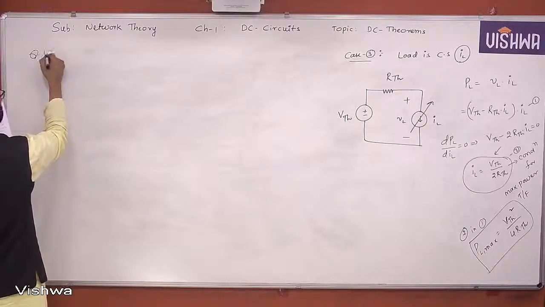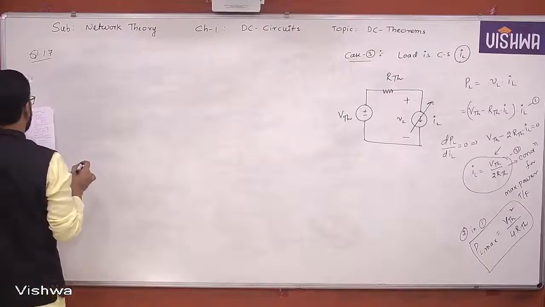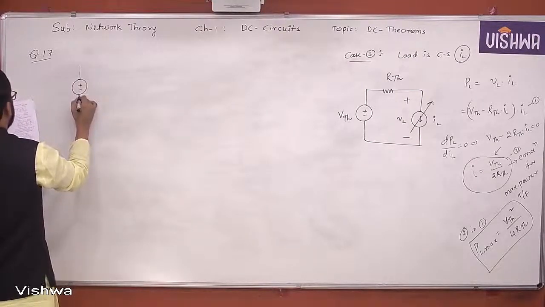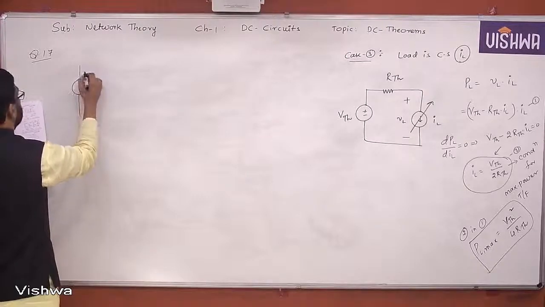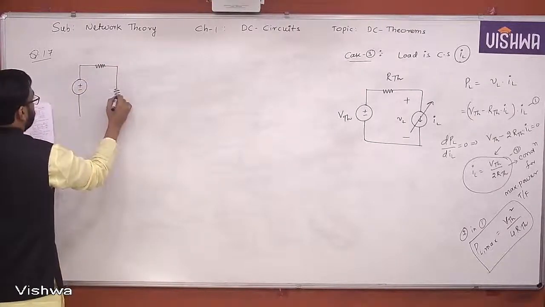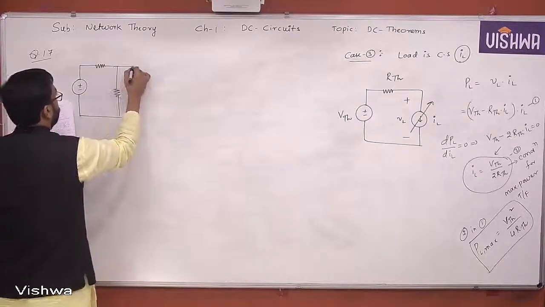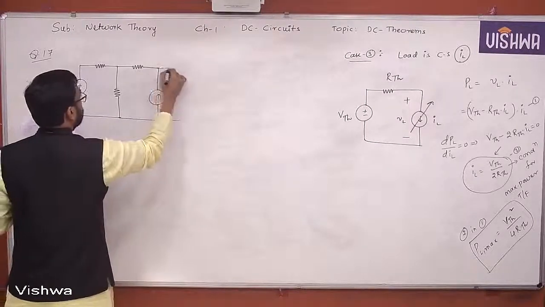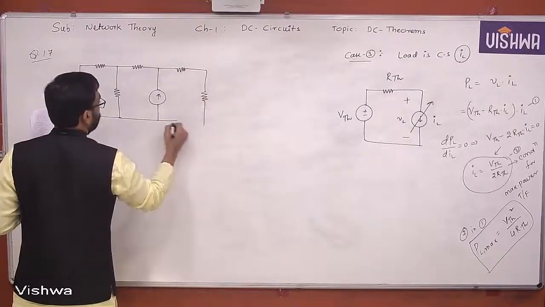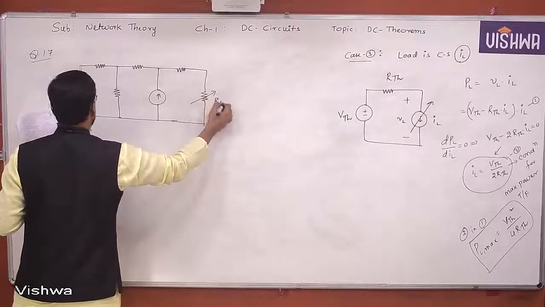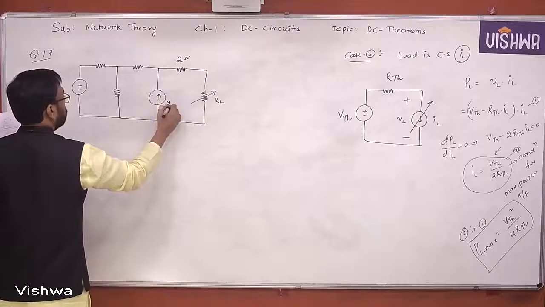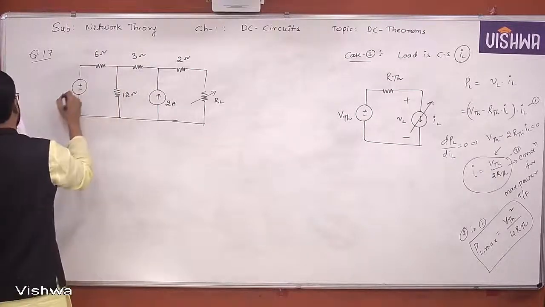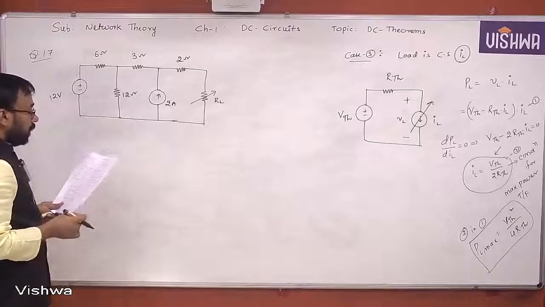Question number 17. Find RL for which it receives maximum power, and also find the maximum power value.